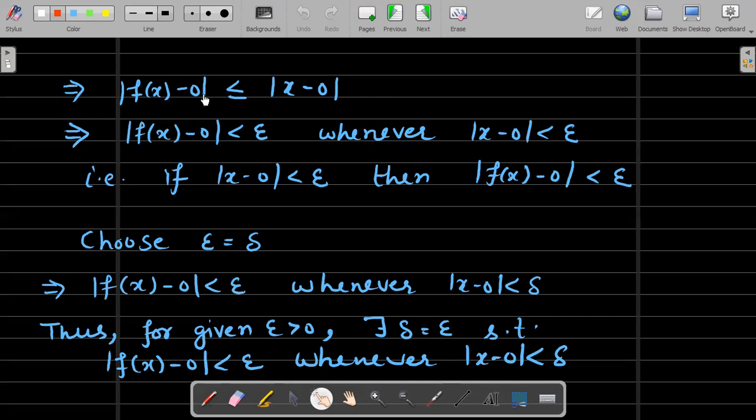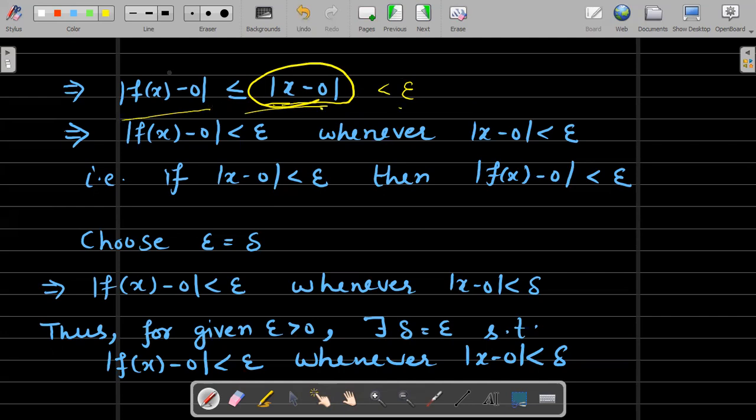That is, |f(x) - L| is less than or equal to |x - a|. This implies |f(x) - 0| < epsilon whenever |x - 0| < epsilon. It means if this factor |x - 0| is less than epsilon, then |f(x) - 0| is less than or equal to |x - 0|, and |x - 0| is less than epsilon.